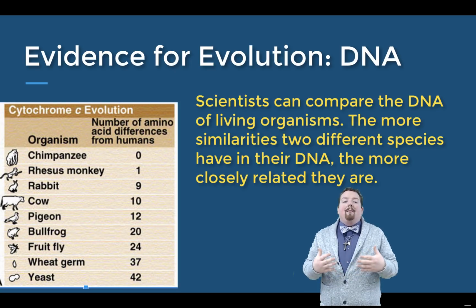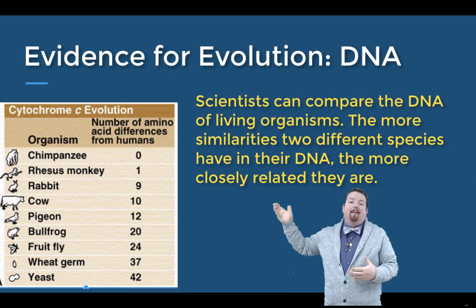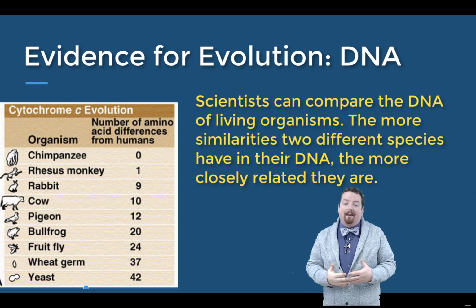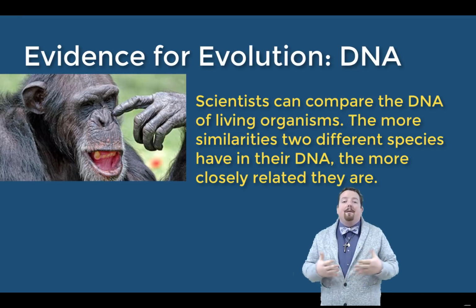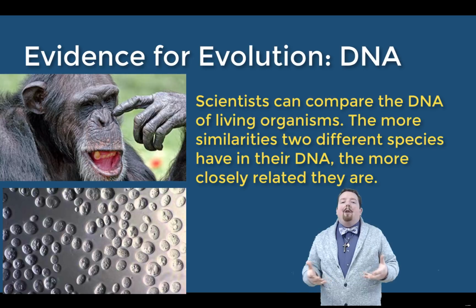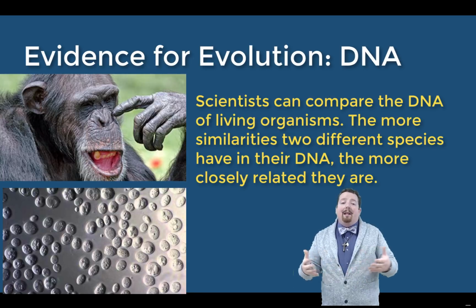And when we compare humans to the rhesus monkey or chimpanzee, we only see 1 or 0 differences in that one of our 20 amino acids. So that tells us that we are most likely much more related to chimpanzees and rhesus monkeys than we are yeast or bacteria. And we already know that just from looking at each other.